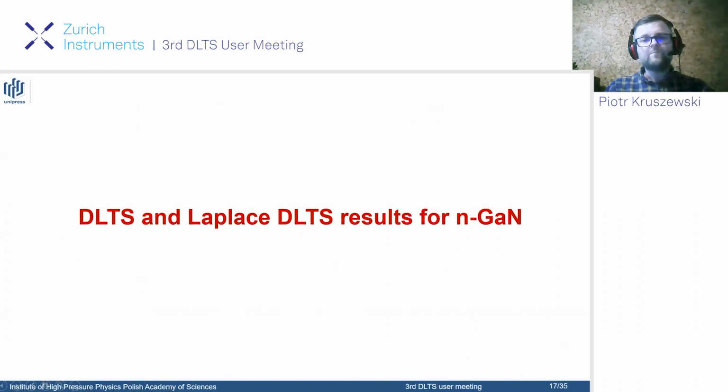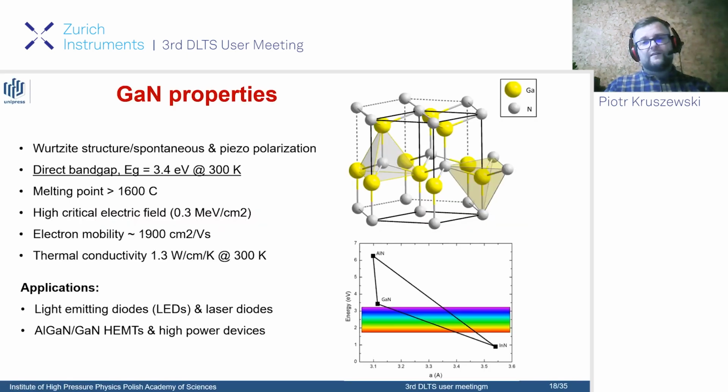Okay, so now I would like to come to our results which we obtained with the DLTS and Laplace DLTS technique for n-GaN and nitrides. First, I will remind you or just mention a few words about the material.